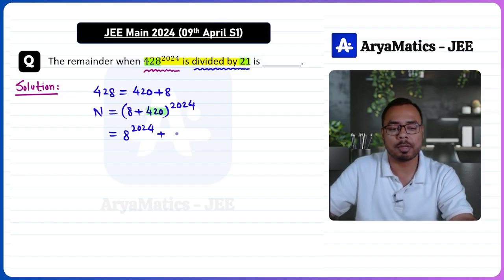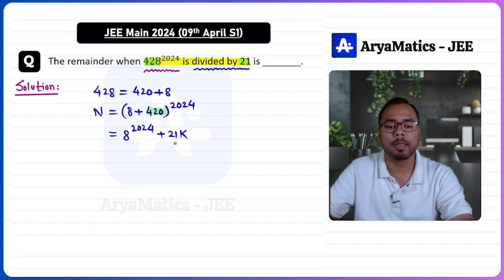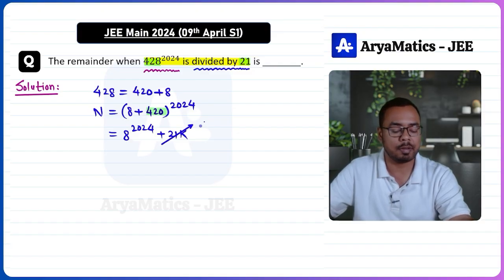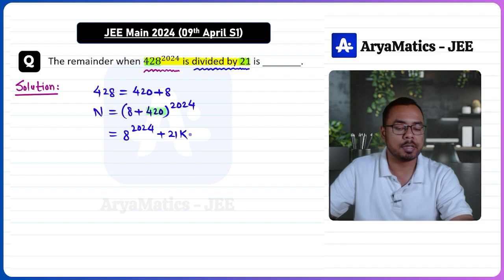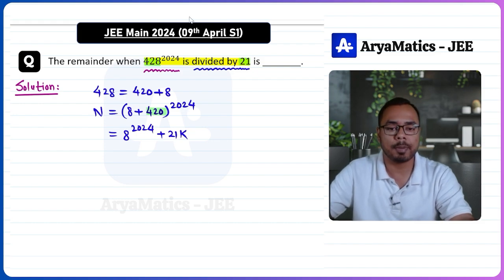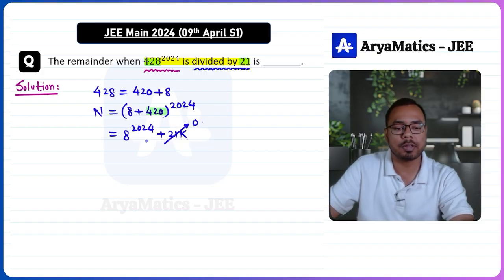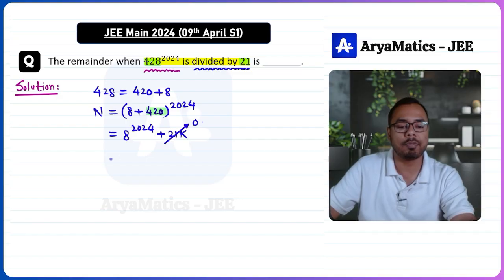So all of those we can write as 21 into k, where k is some integer. If you divide this by 21, you will get 0 as the remainder, right? When you divide a multiple of 21 by 21, the remainder will be 0. So now we can neglect this part, and we have to focus on 8 raised to 2024.